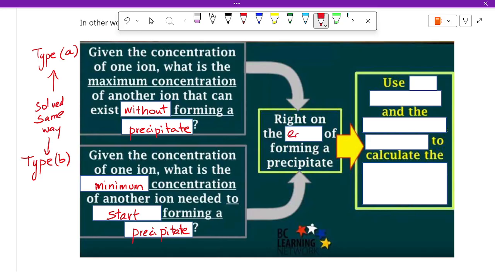So we are right on the edge of forming a precipitate. So we're going to use the KSP expression, or maybe I should say KSP value, and the one given ion concentration to calculate the other ion concentration. I'm making this up.